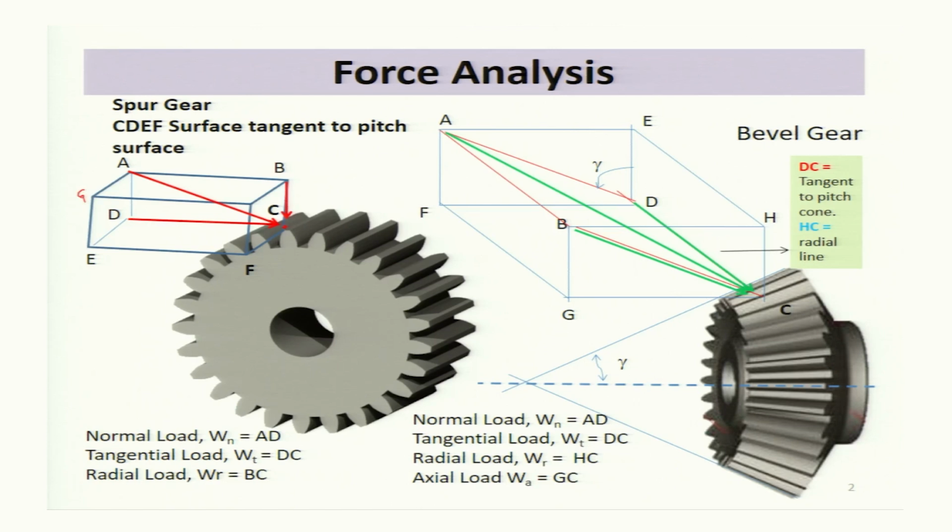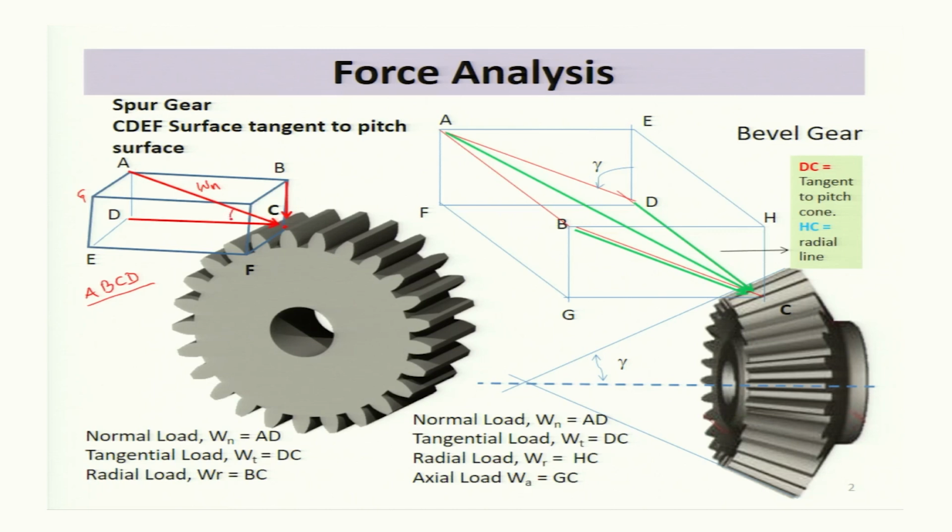In the case of spur gear, the normal load Wn acts in the plane A, B, C, D. In the plane A, B, C, D, the normal load Wn acts along the line of action, and its components along the radial direction BC and the tangential direction DC were determined knowing the angle ACD.